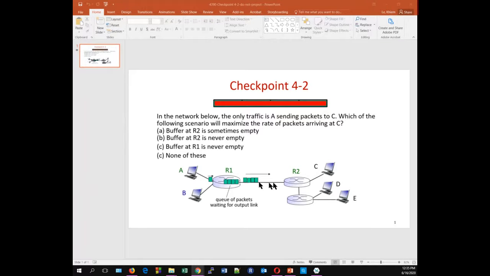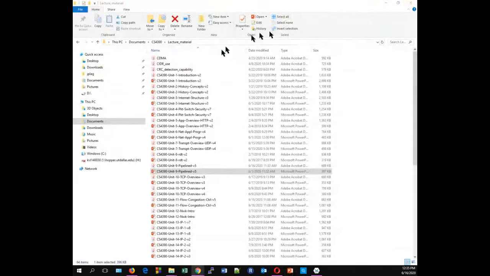This is not going to be fast enough to keep the buffer at R2 full. So that is essentially the key thing here. To answer this question correctly is to just focus on the buffer at R2. Any question here? If not, then let's go to the lecture.